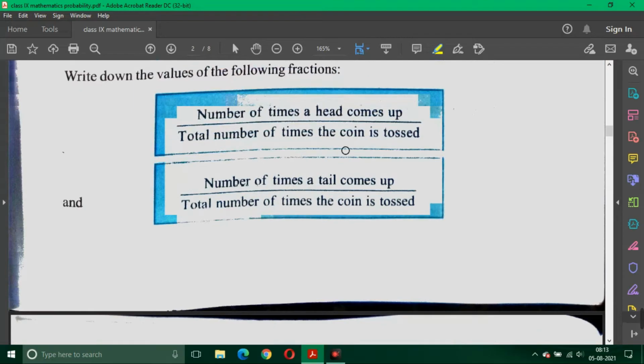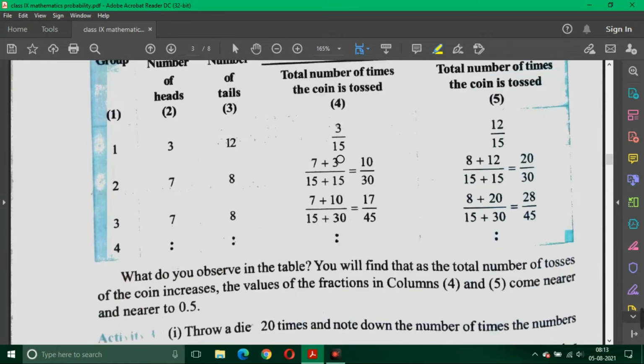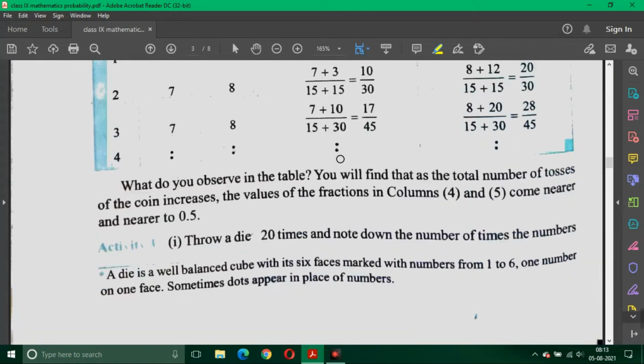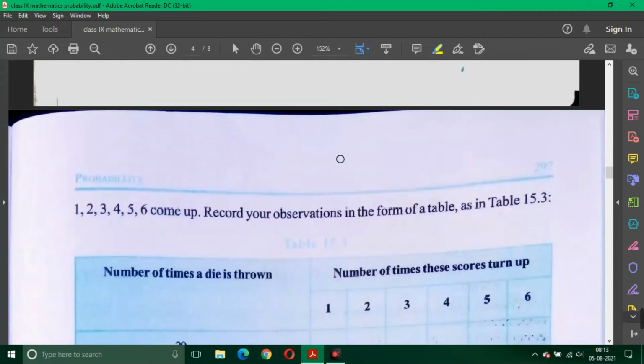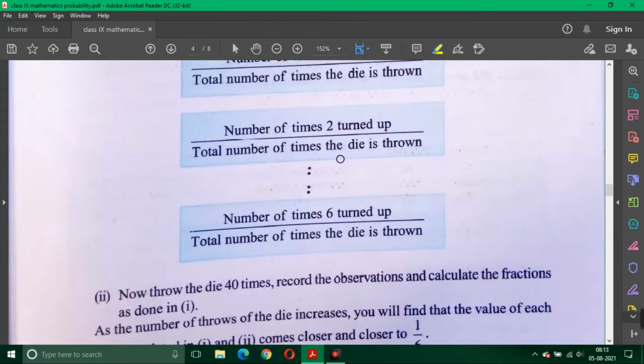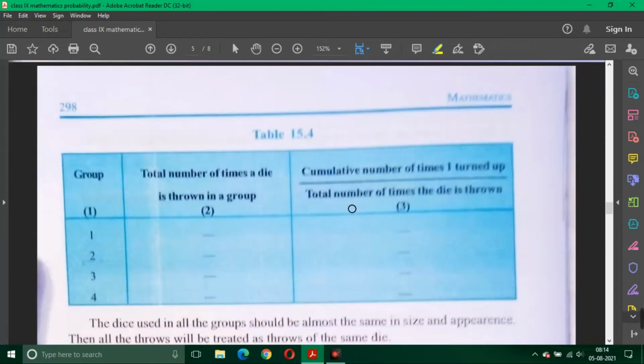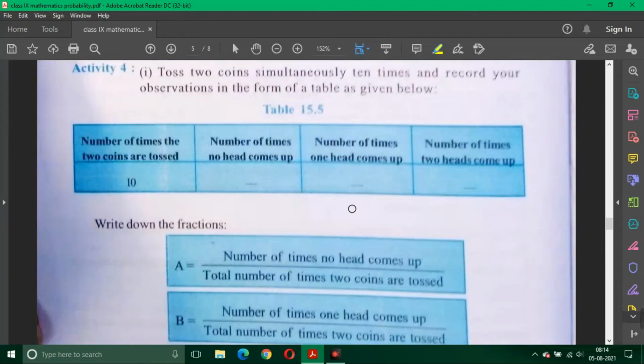You already know how to calculate the probability of a particular event, that you have learned in class 8. If you have not learned it, I'll just give you a brief recap of the same. I'll explain all this with the help of an example that is in the book.